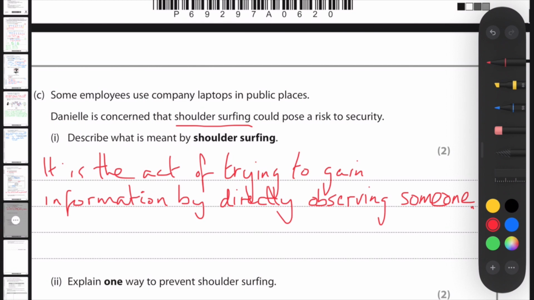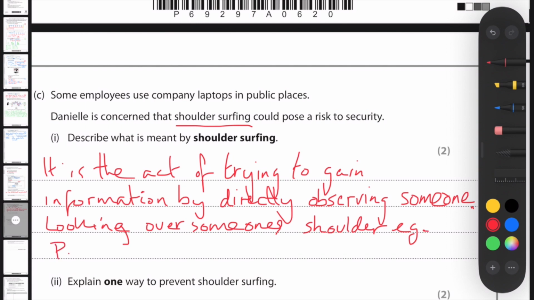Basically looking over someone's shoulder, e.g. PIN number at an ATM machine. So that would be a good example. If you're at the ATM machine, if somebody's looking over to try and spot what your number is that you're typing in, an example of shoulder surfing, it is directly observing someone.